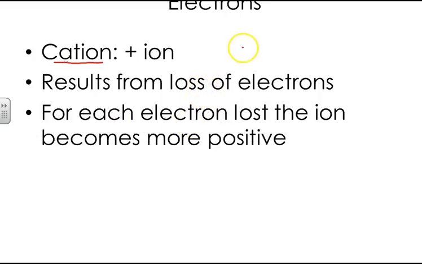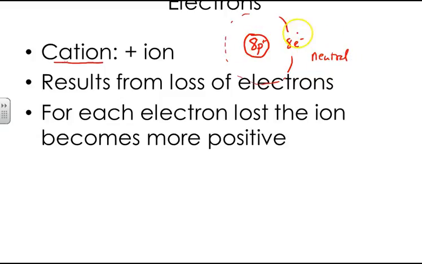Cation is positively charged and it results from losses of electrons, and for each electron lost, the ion becomes more positive. So if we have 8 protons in the nucleus and we have 8 electrons out in a ring somewhere, then we would say that we have 8 positives, 8 negatives, so this would be neutral.